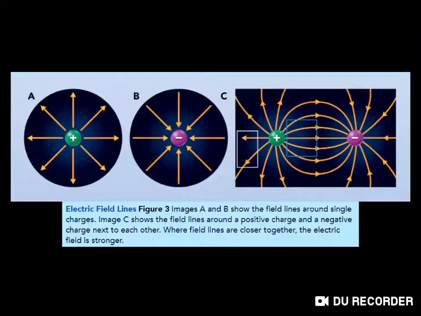As you can see from figure 3, the electric field lines, images A and B on your left, show the field lines around single charges, and image C on your right shows the field lines around a positive charge and a negative charge next to each other. Where field lines are closer together, the electric field is stronger.